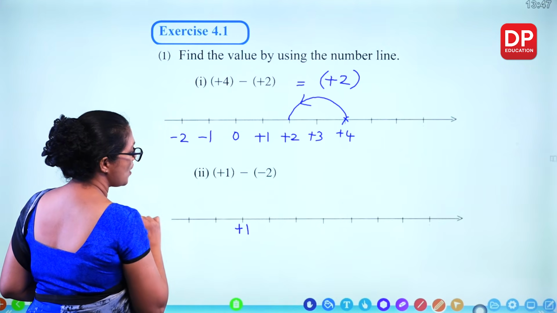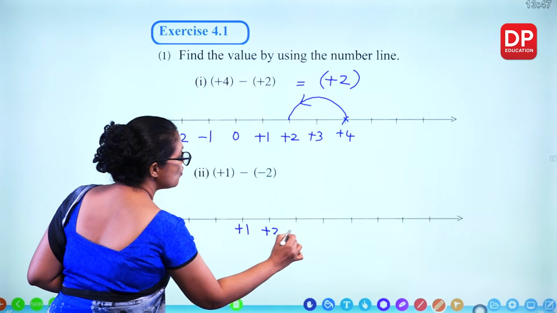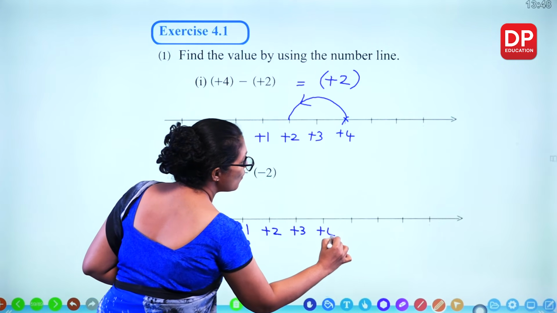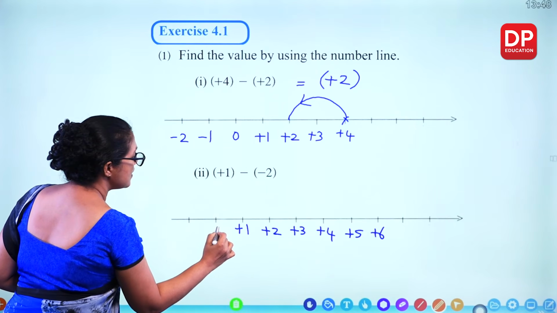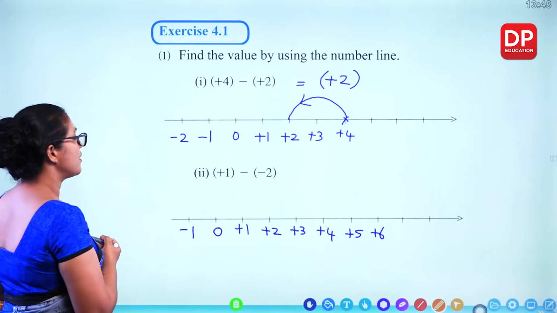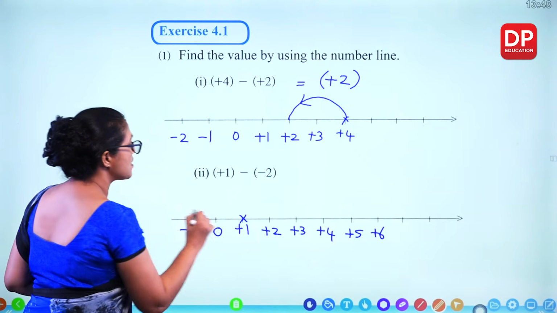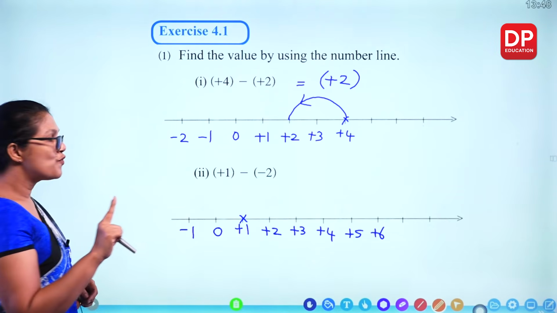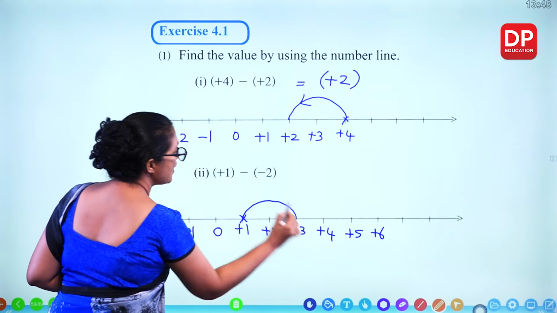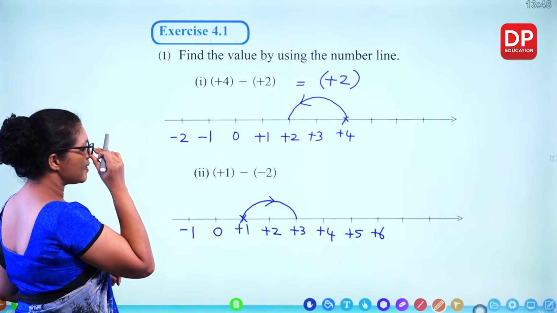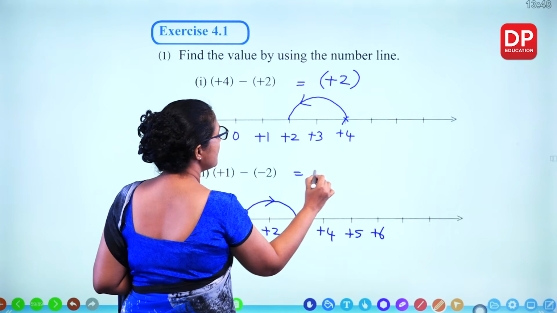I'll take +1 here, +2, +3, +4, +5, +6 like that. And here this is 0, -1. So start from +1 and moves 2 places to the right. 1, 2. So what's the final answer? Final answer is +3.